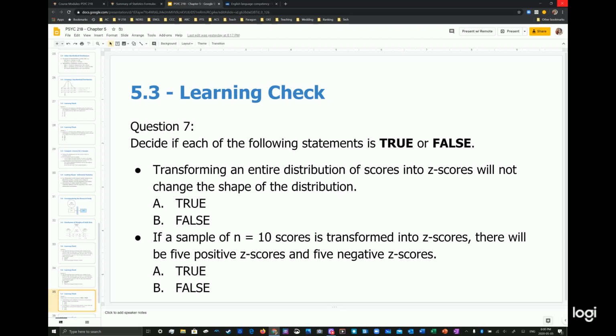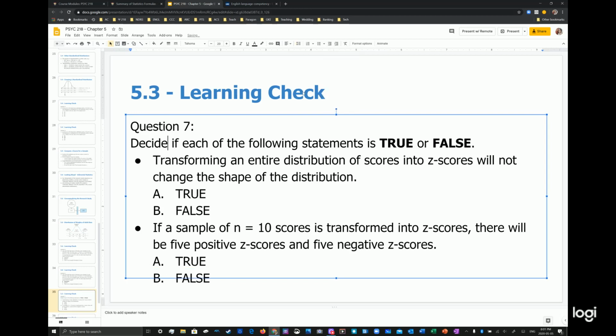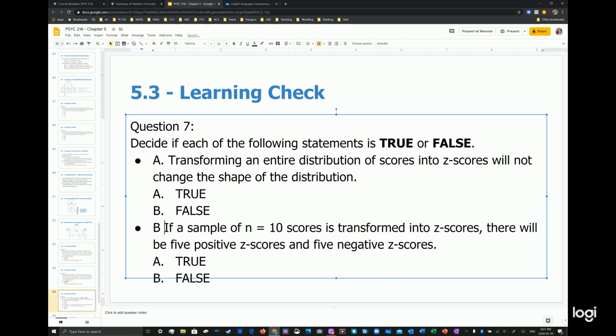True, false here for question 7, 2 parts. A, transforming an entire distribution of scores into z-scores will not change the shape of the distribution. True or false?